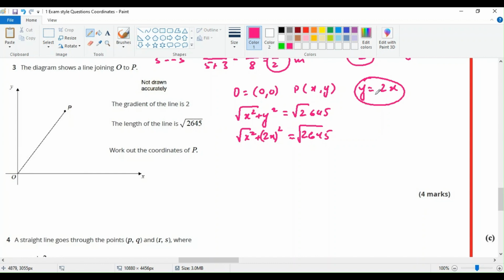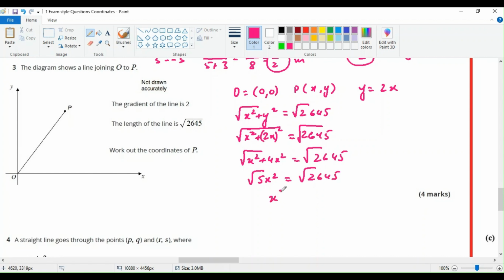That means whatever the value of y, it is going to be 2x, which is why we have substituted over here. So this technically gives us x squared plus 4x squared equals the square root of 2645. That means this is going to give us 5x squared.